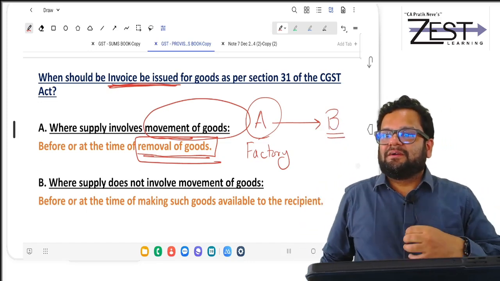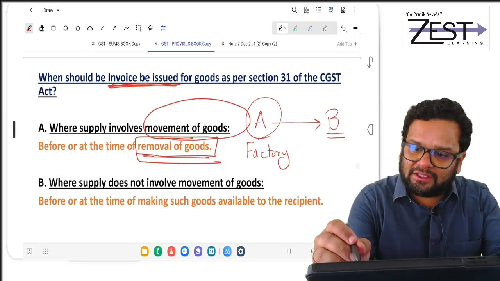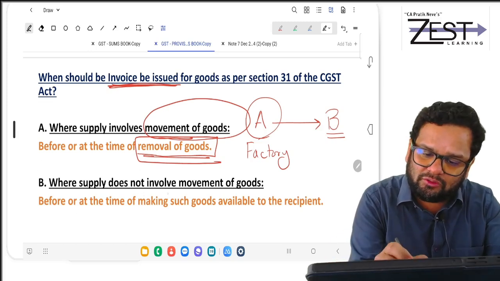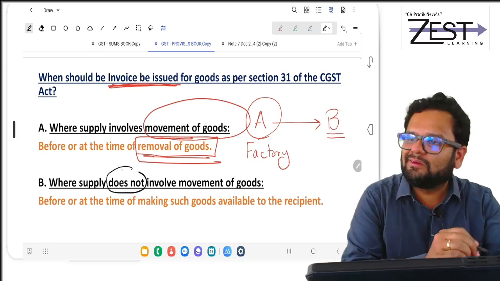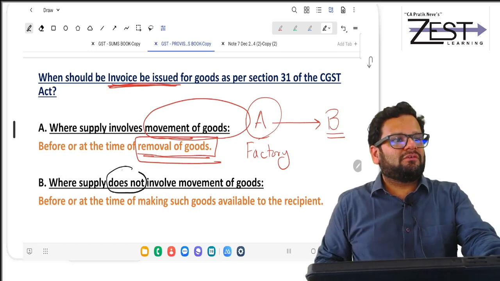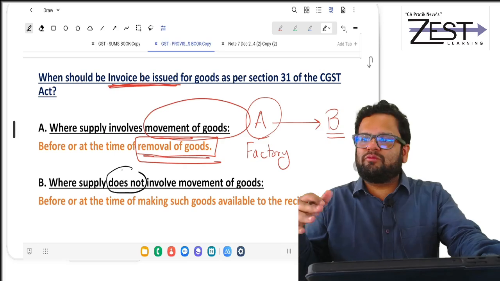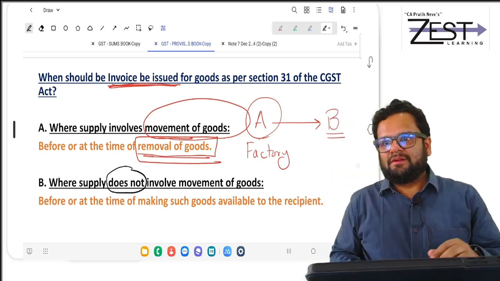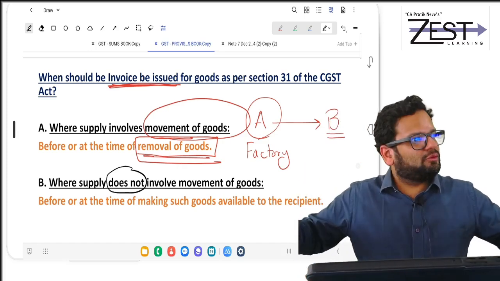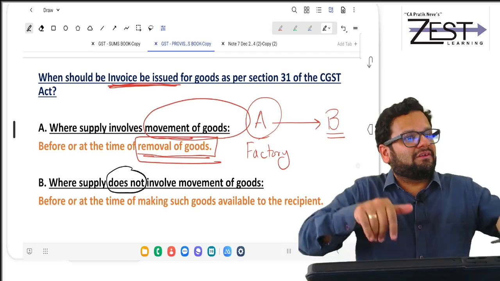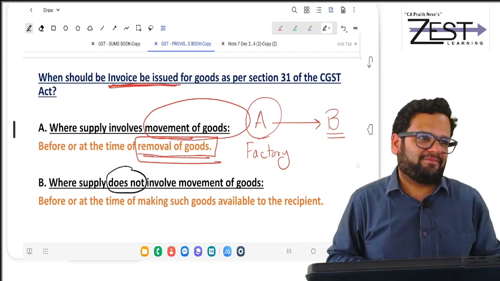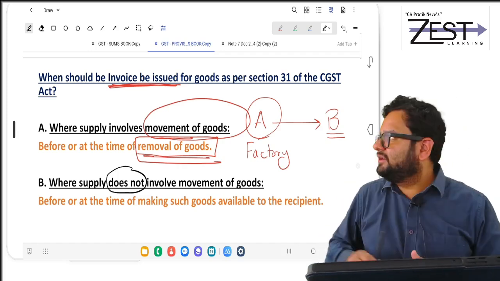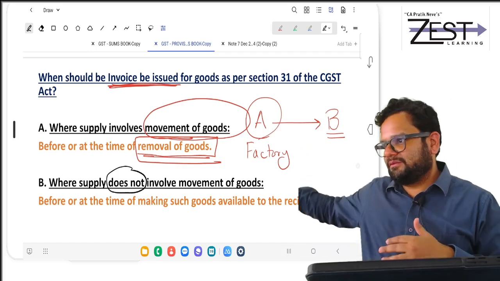Clear? But what if supply does not involve movement of goods? Can you imagine where supply will not involve movement of goods? This classroom is sold with benches and with this TV, digital board.